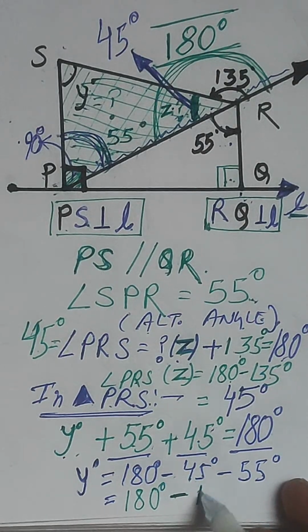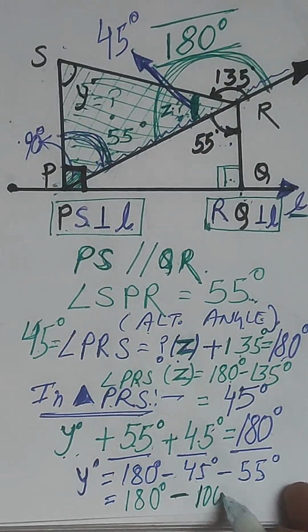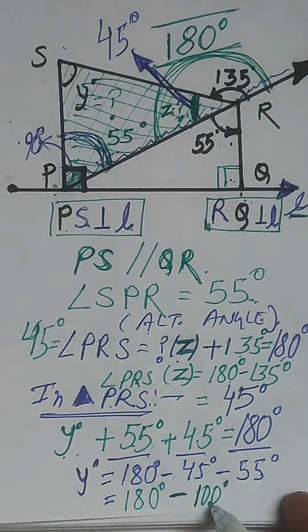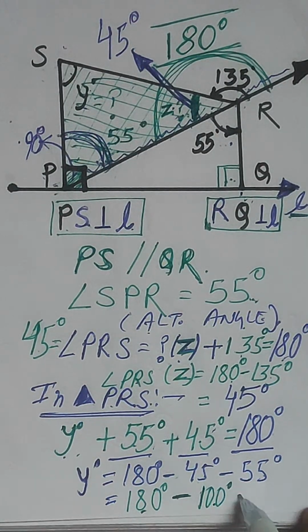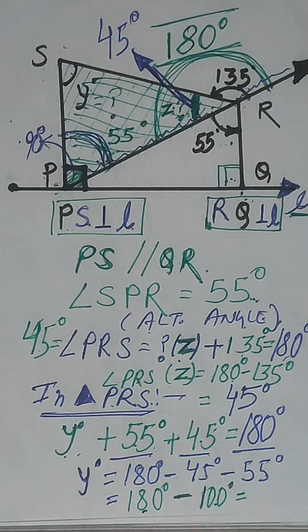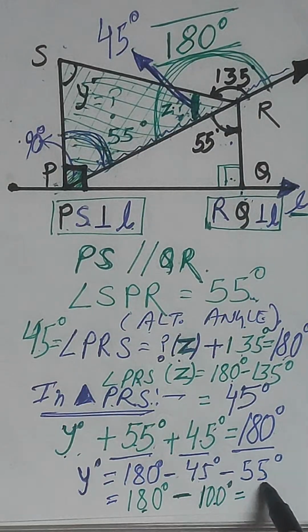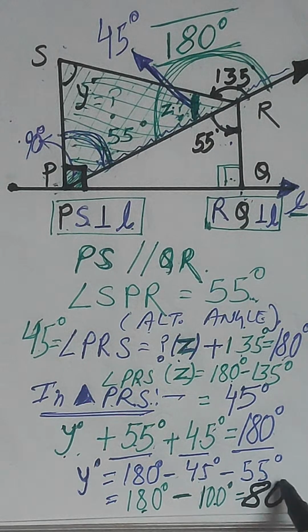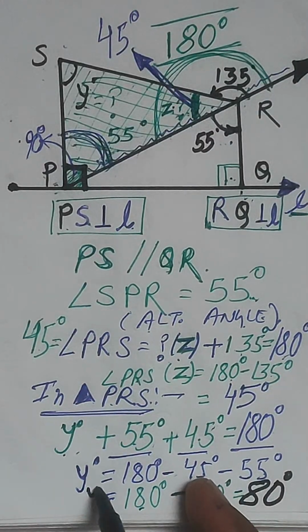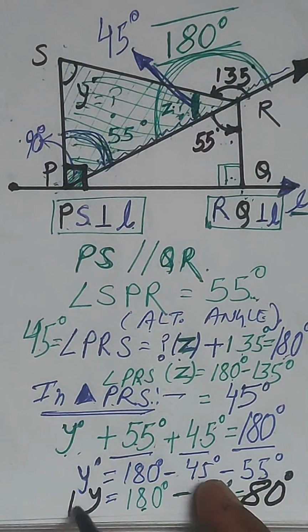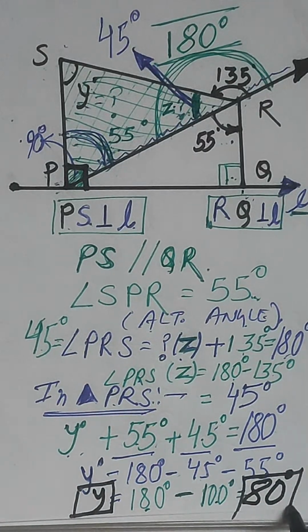This will give you 100 degrees. So 100 degrees will be subtracted from 180. So this will give you the value of 80 degrees.